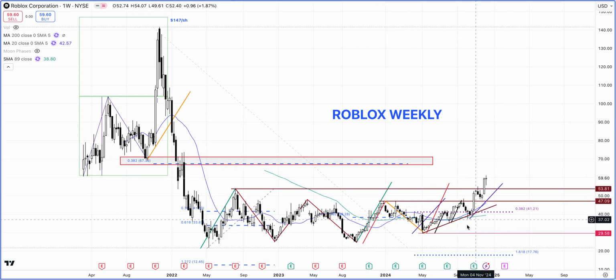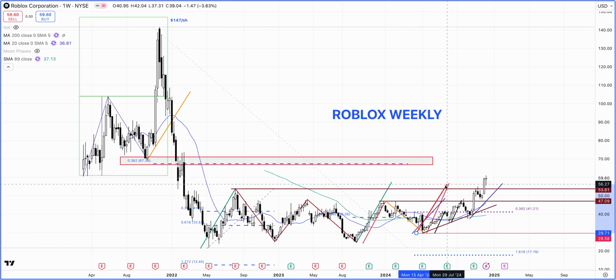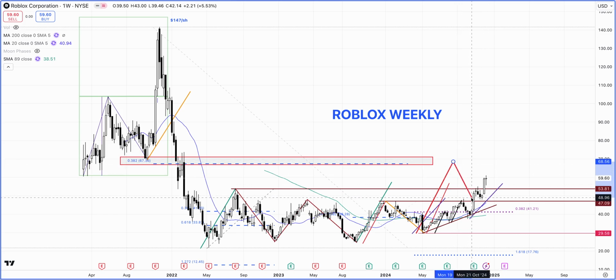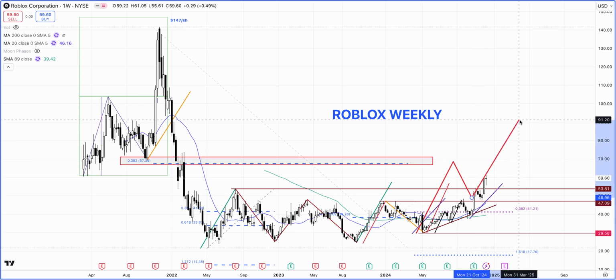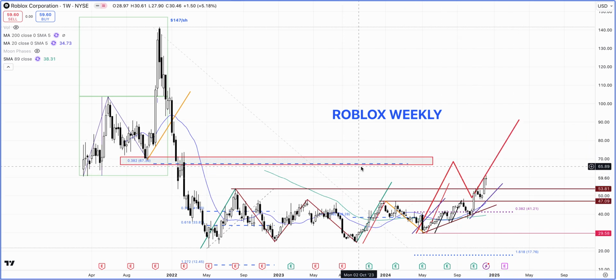It might pull back a little bit, and what it could do, which would actually be quite nice, is get into this zone, and then if we could see some sort of pullback like this, and then a move out of it, boom. And then getting above the 38.2% retracement. All of this has been a consolidation.